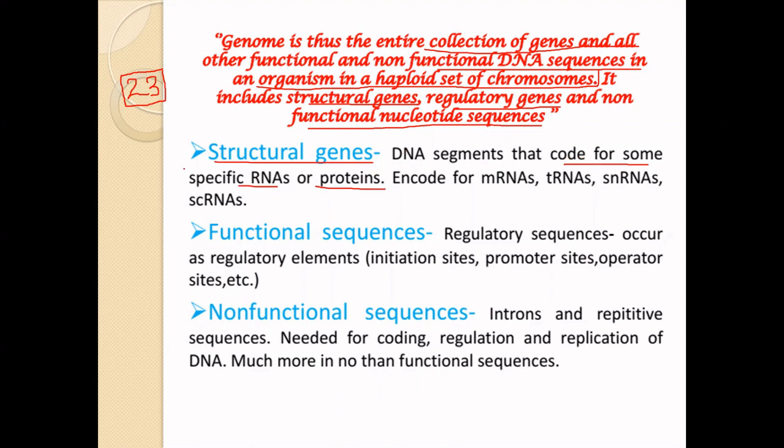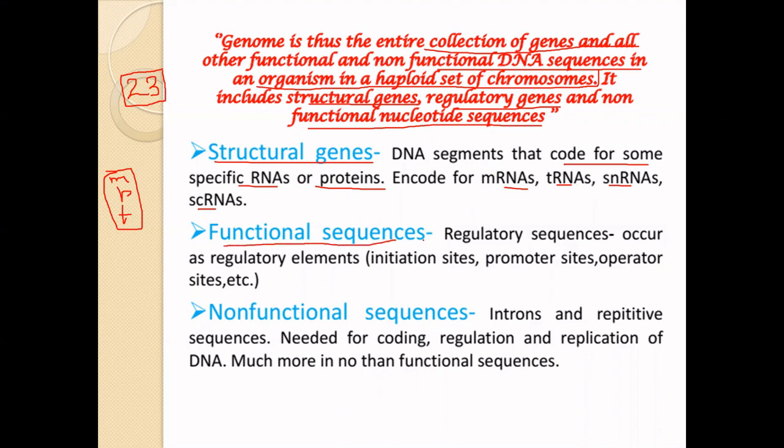So it can code for the specific RNAs like mRNA or rRNA or tRNA, etc. Whatever the different kinds of RNAs are, and proteins, whatever protein is encoded, that is a part of the structural gene. So that encodes mRNA, tRNA, snRNA, whatever the RNAs present, that is the structural part of the gene.